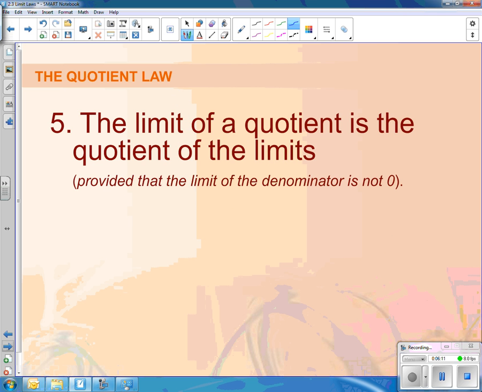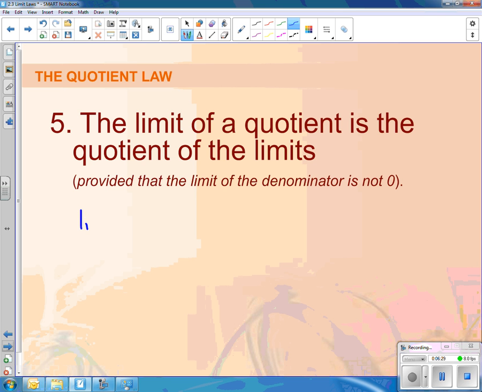So I'm up to the fifth limit law. This one is dealing with division. The limit of a quotient is the quotient of the limits. And we do have to make sure that our limit in the denominator does not equal 0, so that we don't end up with a 0 in our denominator.